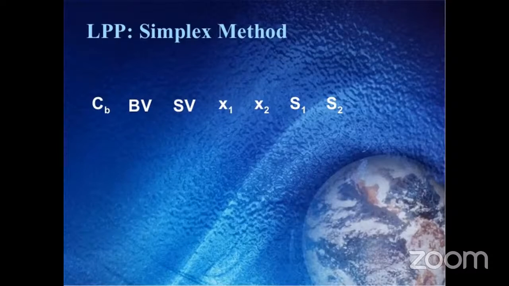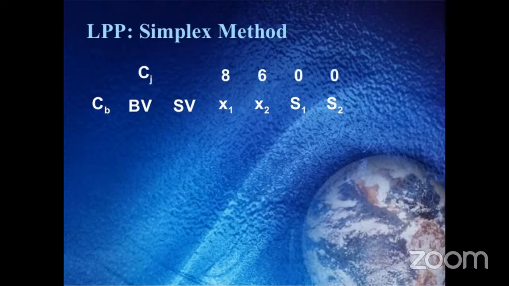Then the values we take into consideration are from the objective function. The objective function will be on the top: Cj, coefficient of objective function. What are the coefficients we have? 8x1 plus 6x2 plus 0s1 plus 0s2.